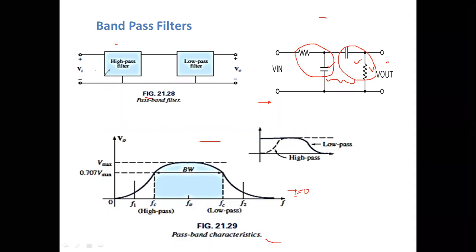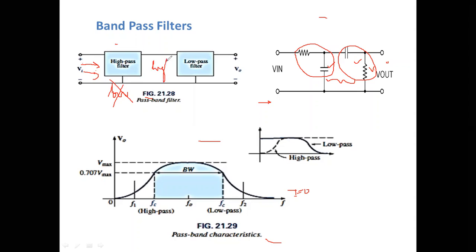Actually what will happen, the frequencies will try to pass through these. The low frequencies will be blocked by this high pass filter. It will only allow the high frequencies.